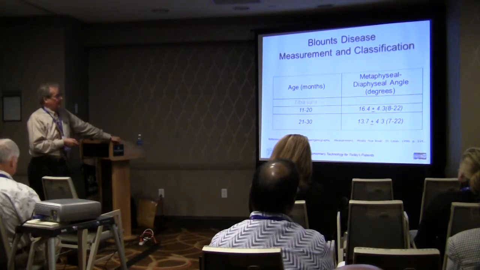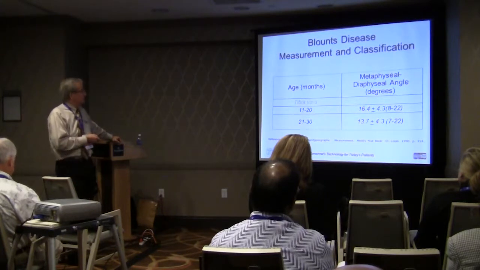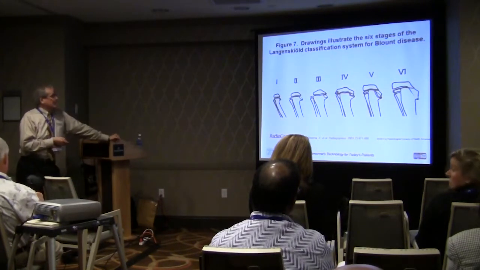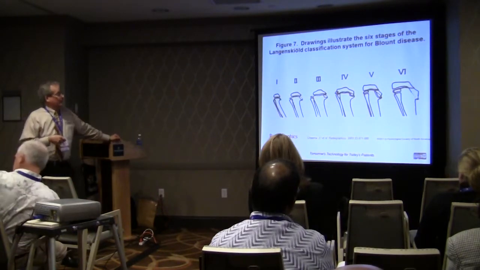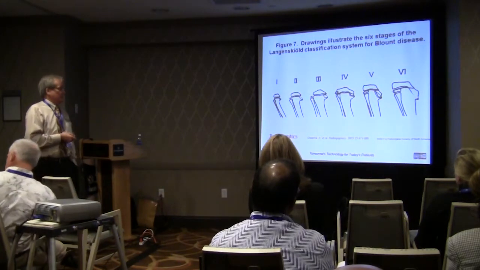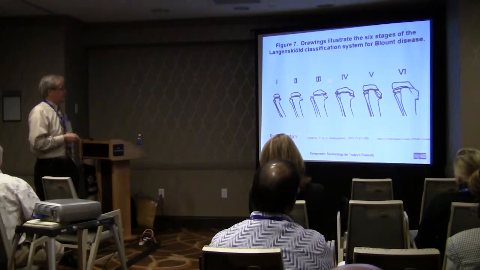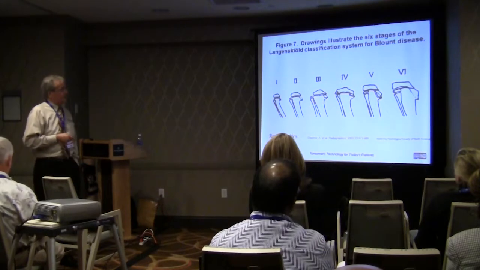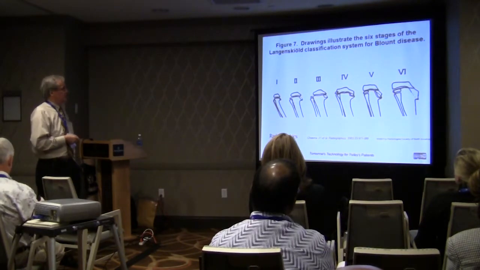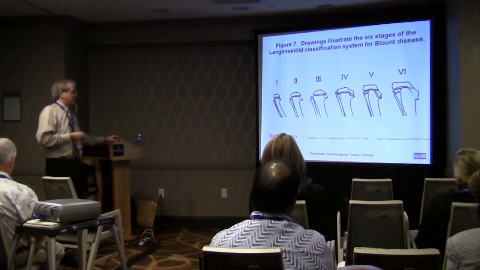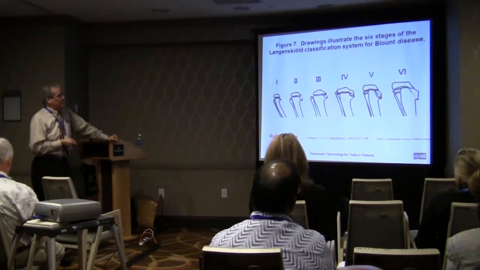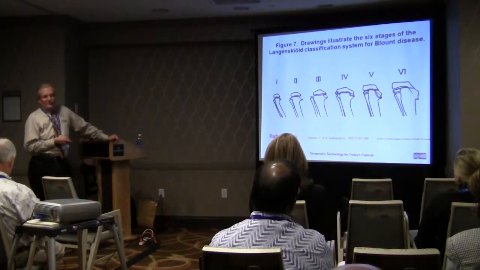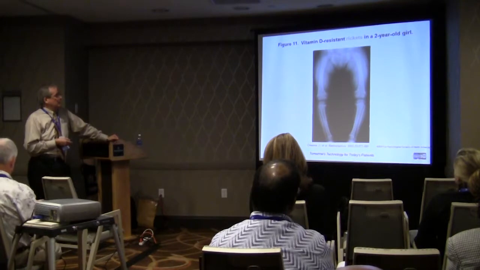The degrees are right here, plus or minus and averages right there. This is primarily the Langenskiöld classification. The surgeons primarily use this, and anything over a 3 is indicated for surgery. Secondarily, they'll possibly use bracing, but primarily they use it. I put it out there just so you're familiar with the terminology.